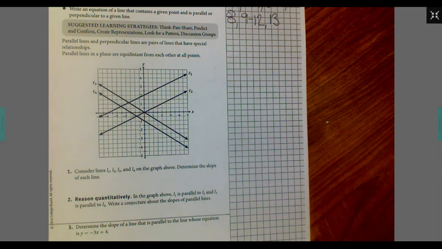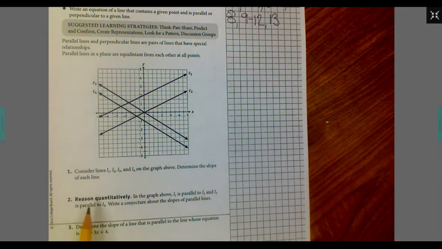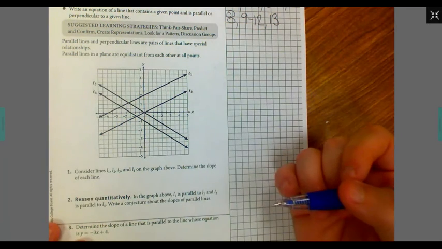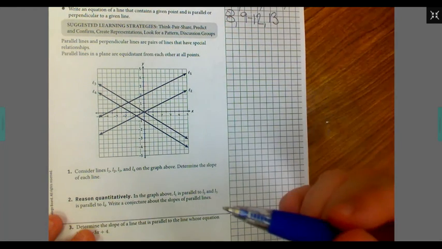We have this picture of 4 lines. It says consider lines L1, L2, L3, and L4 on the graph above. Determine the slope of each line. Whenever I do this, I always find 2 points on each line, and then I calculate my rise and my run.